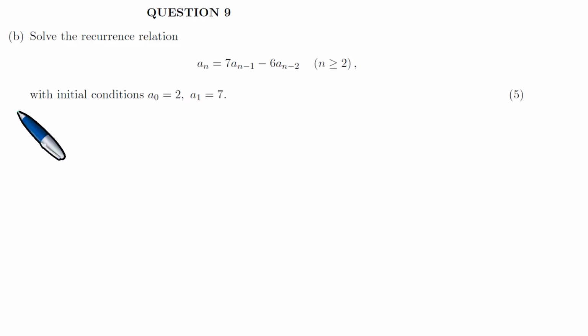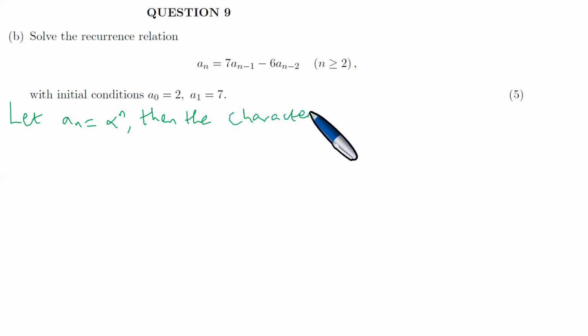You let a_n be equal to alpha to the n. Then the characteristic equation is, we come to the recurrence.